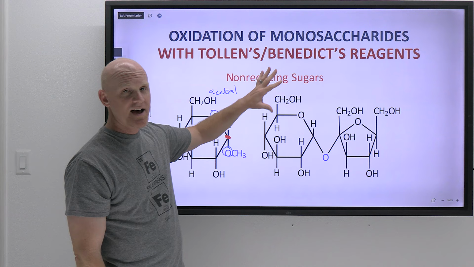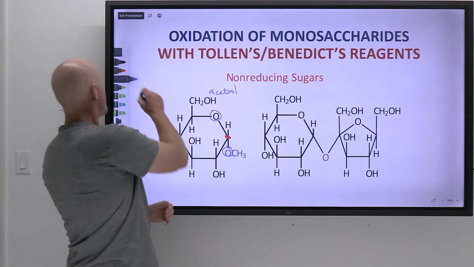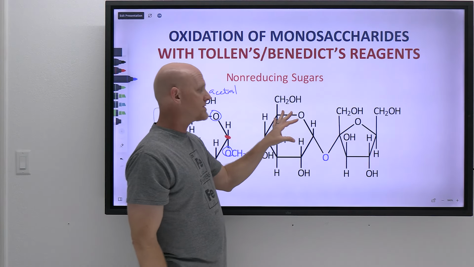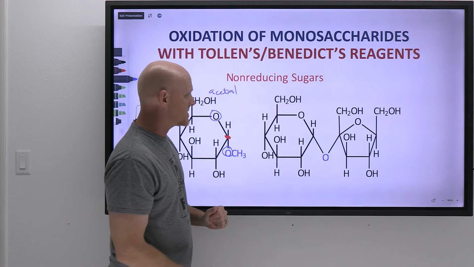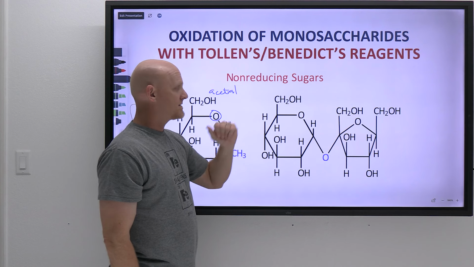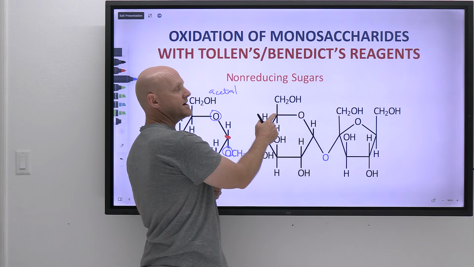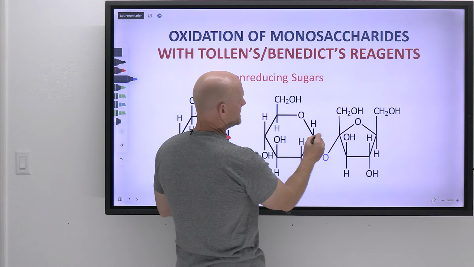I'll give you another example here. We're going to learn about disaccharides in the next lesson, but it's instructive to pull this up. If we identify where the anomeric carbons are for both of these monosaccharides that are joined together in this disaccharide, it's always going to be one of the carbons adjacent to the oxygen in the ring. If we look on this side, this carbon's not bonded to any additional oxygen atoms, so it's not the anomeric carbon, but this one is.